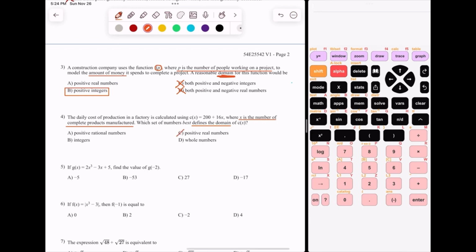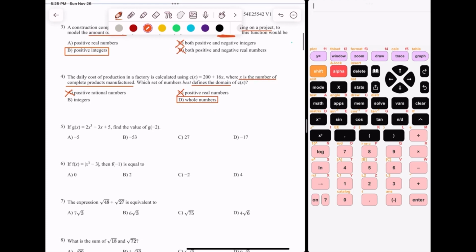So it's not going to be real numbers, and it's not going to be rational numbers, because those could all have decimals. And if I'm talking about complete products manufactured, that would have to be positive. Integers could be negative and positive, so I don't like that. So my answer is definitely whole numbers, because whole numbers are only positive and they don't have decimals. So that's good to represent the products.